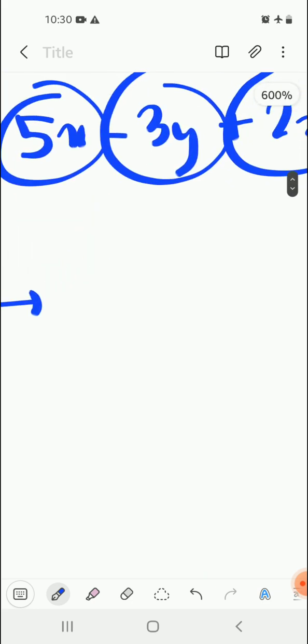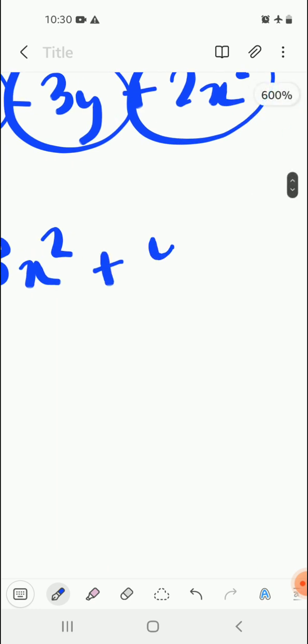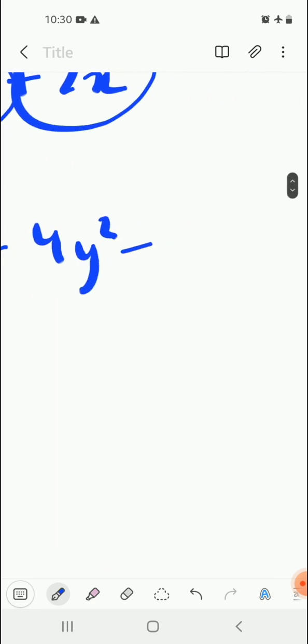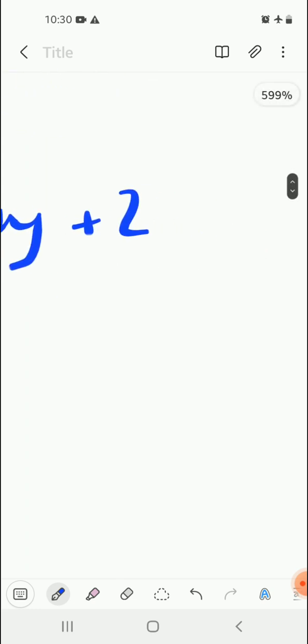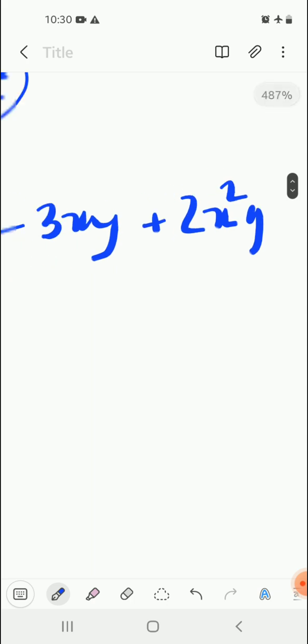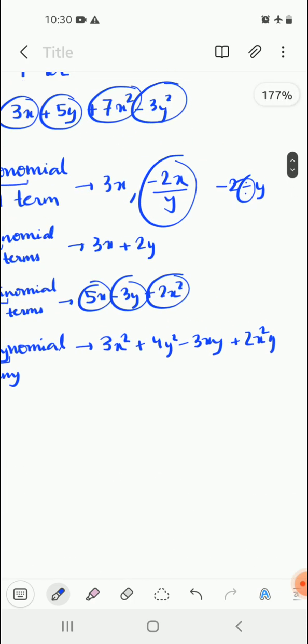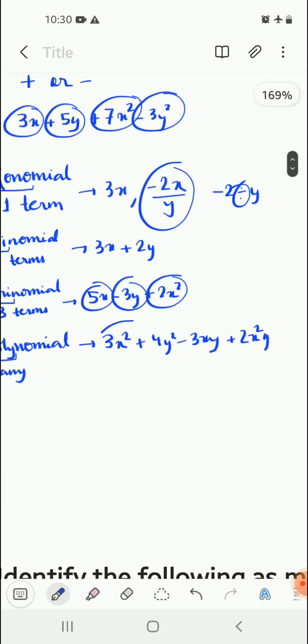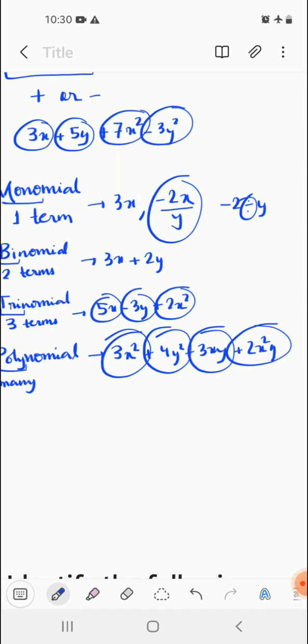Like 4 or 5 terms, for example 3x square plus 4y square minus 3xy plus 2x square y. So this way, if there are more than 3 terms, then it becomes polynomial. See, 1, 2, 3, 4.